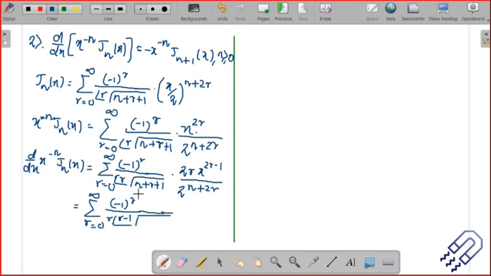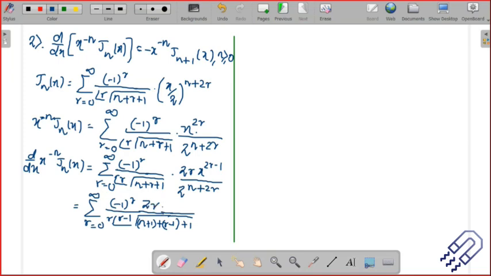The answer is yes, right? What we can do is write something as n plus 1. Just take care, okay? n plus 1 because anyway we need n plus 1 here. Then plus, I need r minus 1, so I'll just write it down as r minus 1 plus 1. It's all about adjustments.